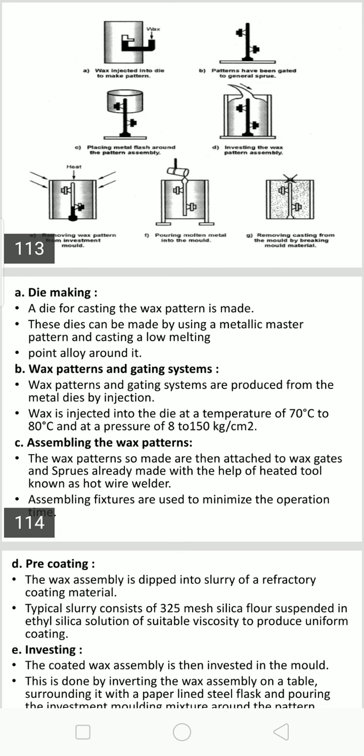All wax patterns melt and collect at the bottom. The mold is then preheated to a temperature between 600 to 900 degrees centigrade. Once the wax patterns melt out, the whole mold box is heated in an oven between 600 to 900 degrees centigrade.